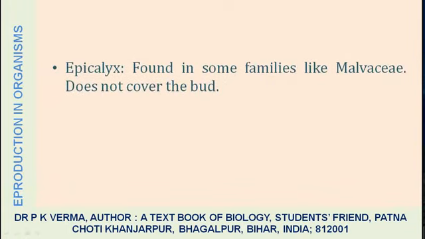Epicalyx is found in only a few families, and one of them is Malvaceae, to which the China rose and the okra or lady's finger belong. Jute also belongs to this family.